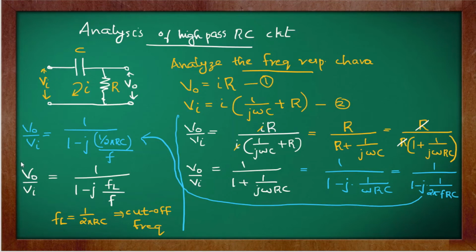Anyway, the expression for V0 by Vi, output by input, is obtained as 1 by 1 minus j fL by f, where fL is the so-called cutoff frequency, and fL is equal to 1 by 2 pi RC.